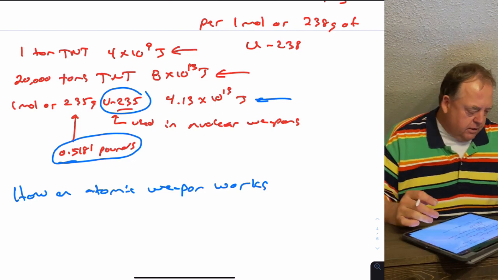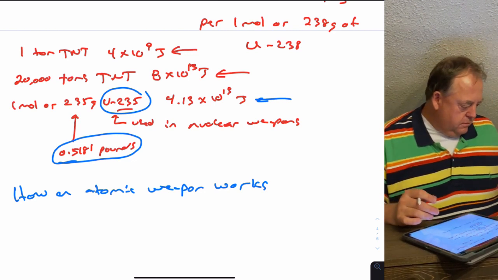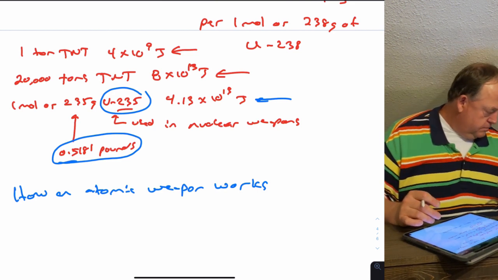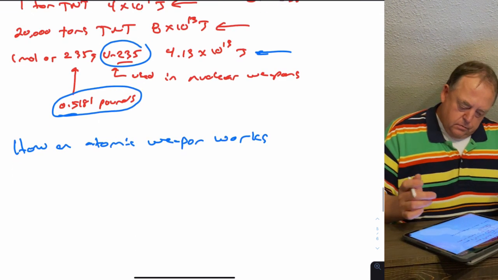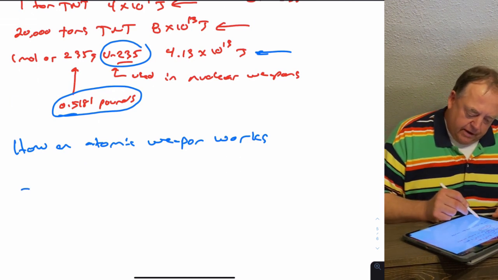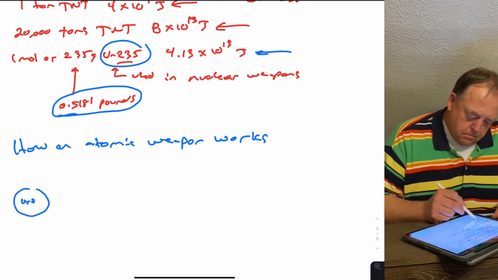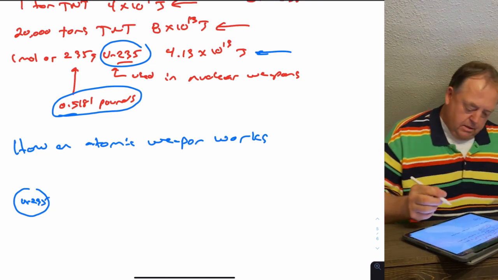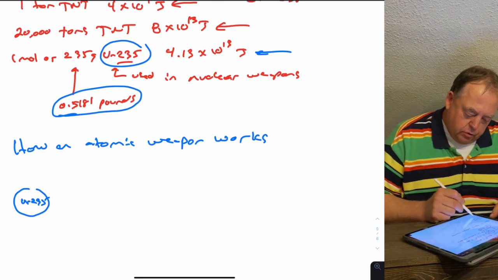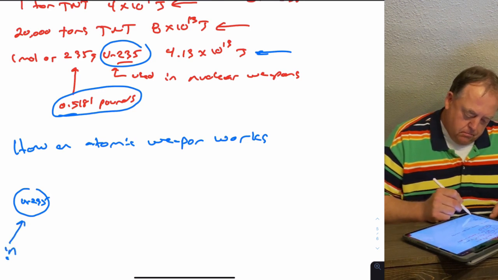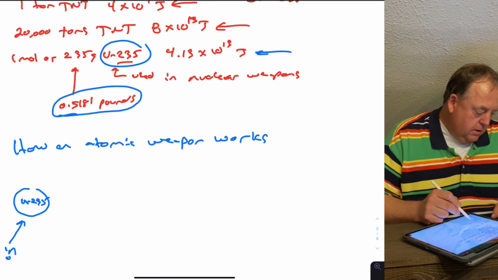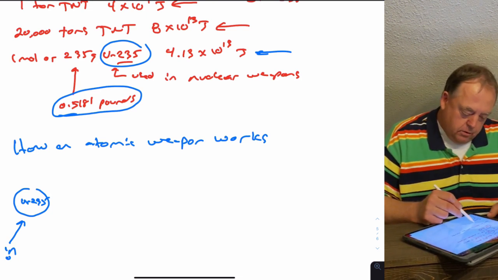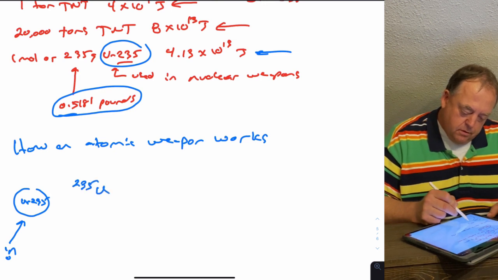So basically, how does that work? Well, if you have a uranium-235 atom, and you bombard it with a neutron, then it'll undergo nuclear decay.